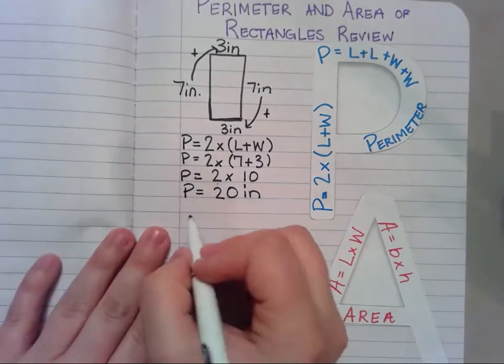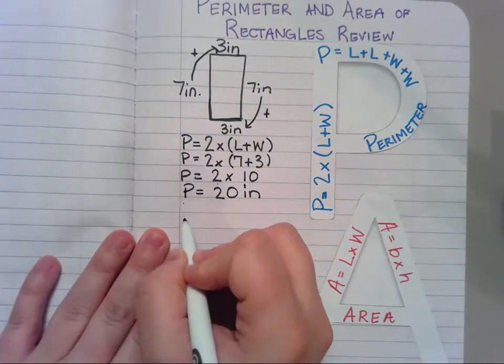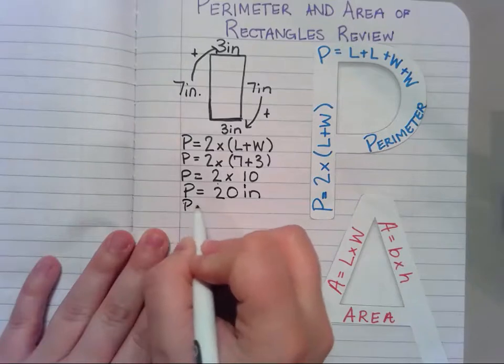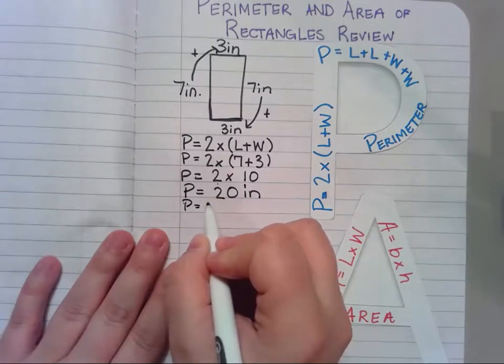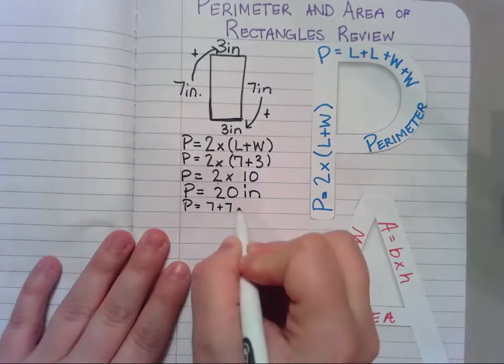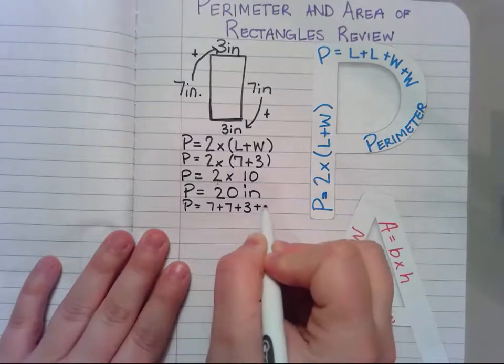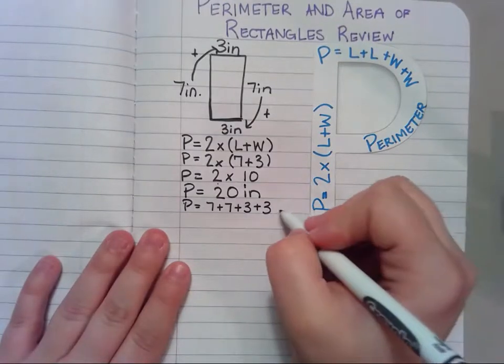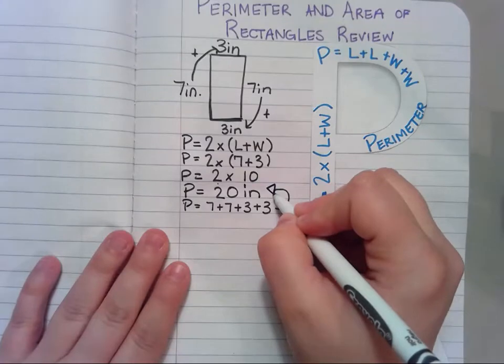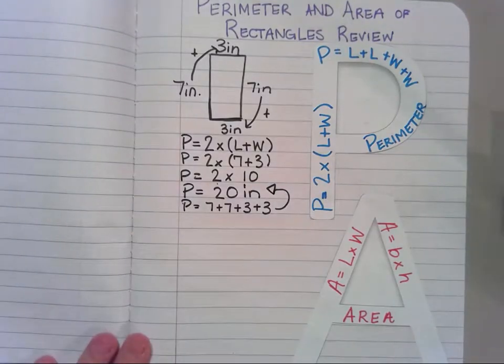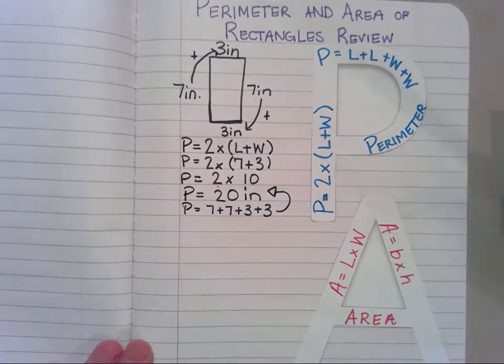You could also find it by saying perimeter equals 7 plus 7 plus 3 plus 3. You're going to get the same answer. Take a moment to make sure this is written in your notebook. You may pause the video.